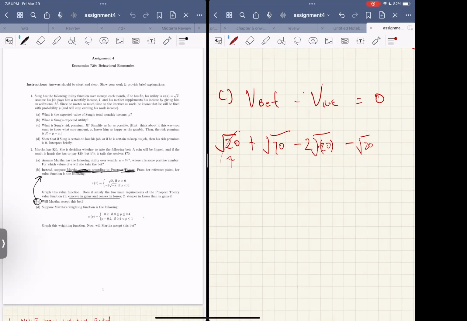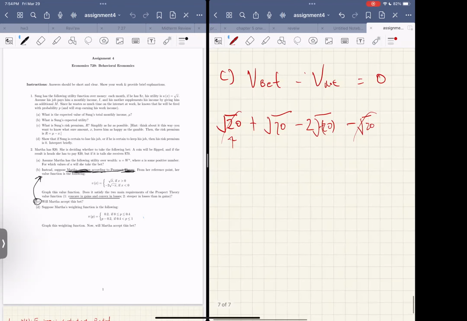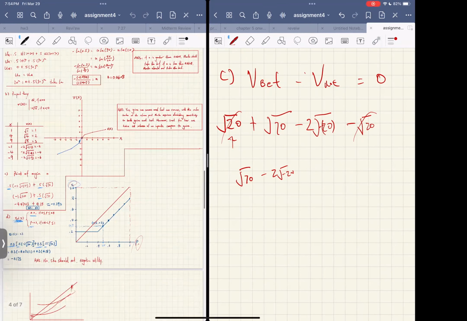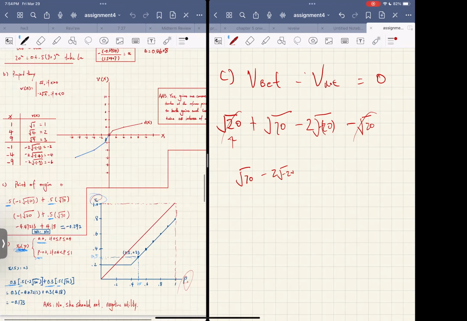Yeah, they cancel out. It's okay. So square root of 70 minus 2 of square root of negative 20. Right. And that should be it. And then you get the answer of negative 0.292.